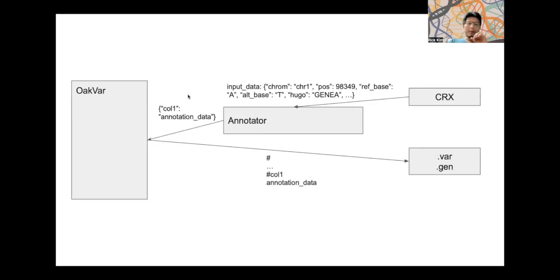This dictionary will be processed by OakVar and written to one of these annotation files for this module. So here we have column 1 and the value annotation data. This is a tab separated file.